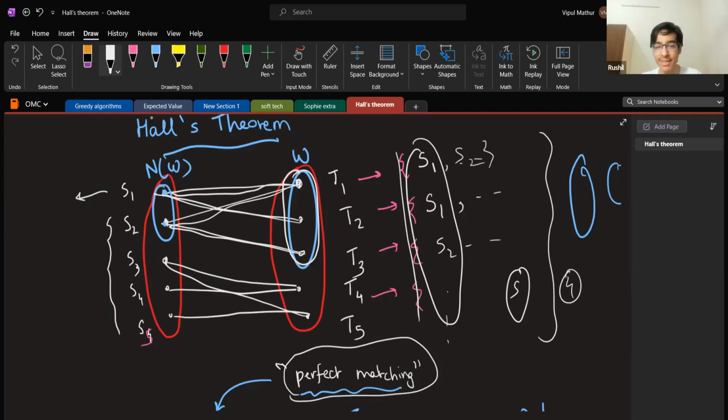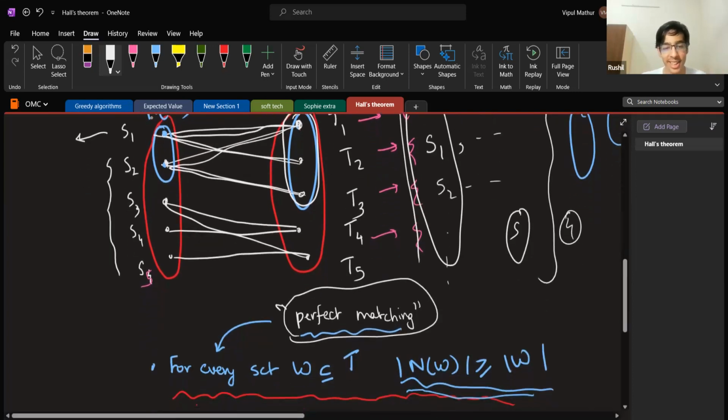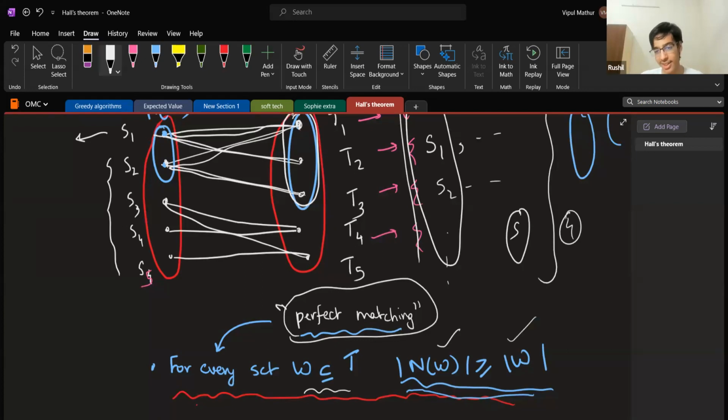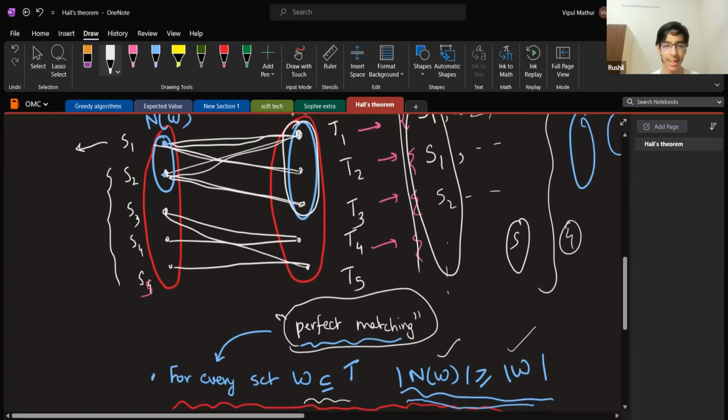So one observation that we have made as a result is that for every subset of teachers, the neighborhood, that is the number of students that are together liked by that subset, should have at least as many as the original. That's fairly understandable, I feel.